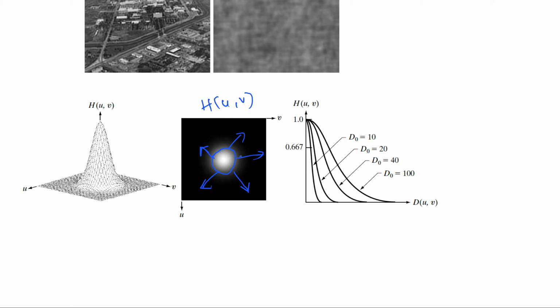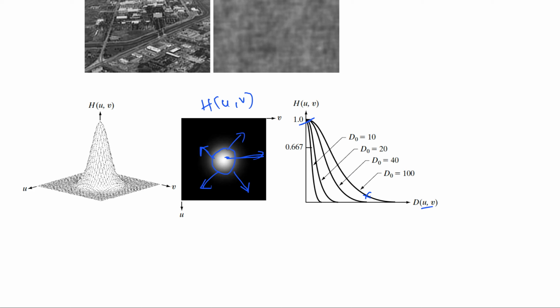You can also see from the radial cross section of the filter that H of uv has a higher value in the center, and as you move away from the center, the values become very small. So for large values of u and v, we will have the values of H of uv very small in certain cases.